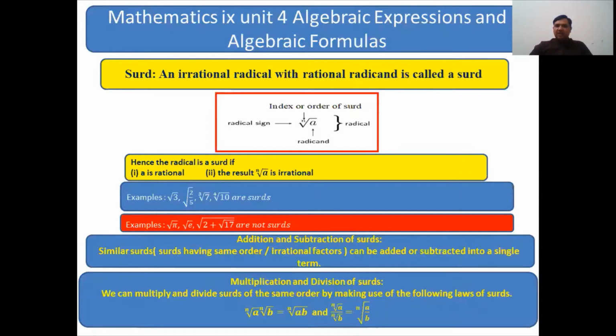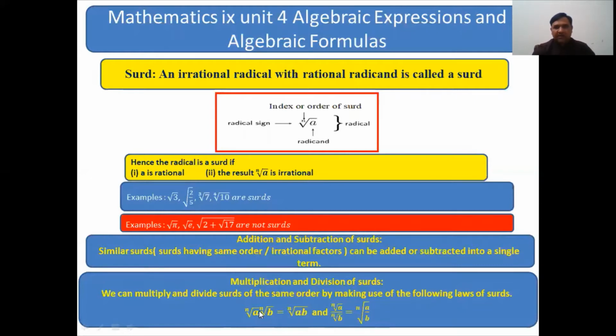Multiplication and division of surds. We can multiply and divide surds of the same order by making use of the following laws of surds. The first law is for multiplication: nth root of A multiplied by nth root of B is equal to nth root of AB.